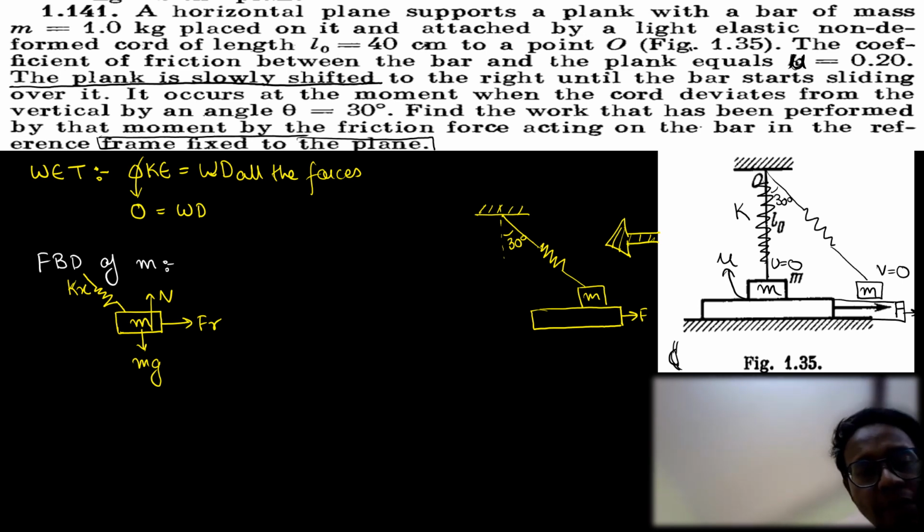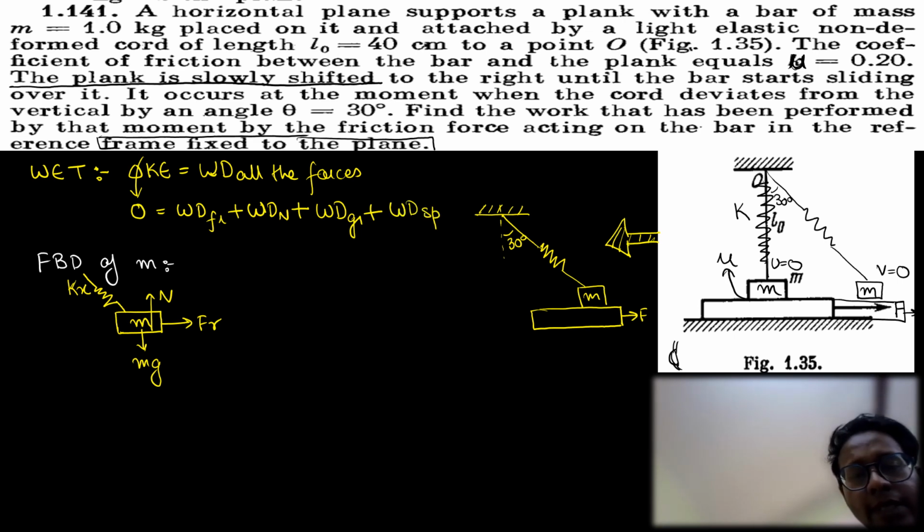So work done by friction force plus work done by normal reaction force plus work done by gravity force plus work done by spring force. See out here, work done by normal reaction force would be 0 because displacement is perpendicular to the force. Similarly, work done by gravity force would also be 0 because displacement is perpendicular to the force.